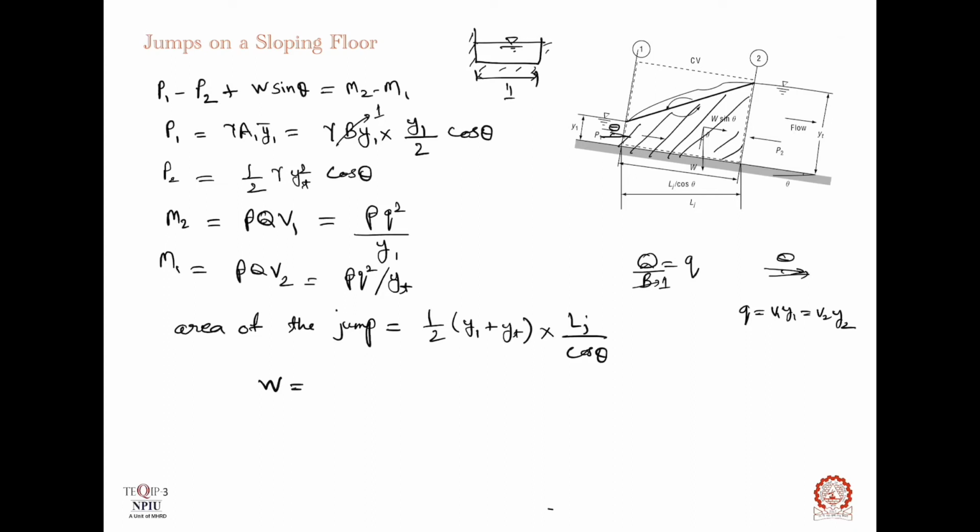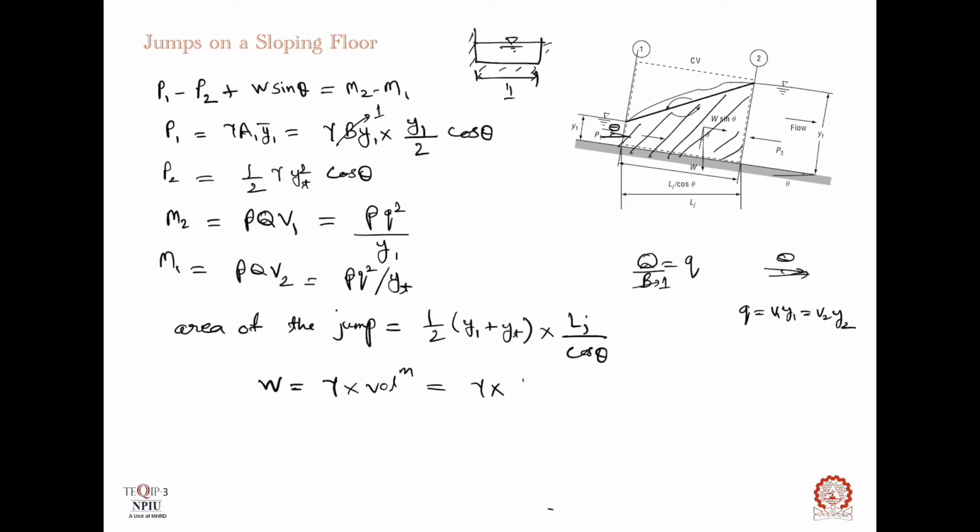Then what would be the weight of the fluid of the control volume? That will be gamma, the unit weight of the fluid, multiplied by volume. So gamma multiplied by volume will be this area multiplied by the width of the channel, and the width of the channel we are considering as unit.